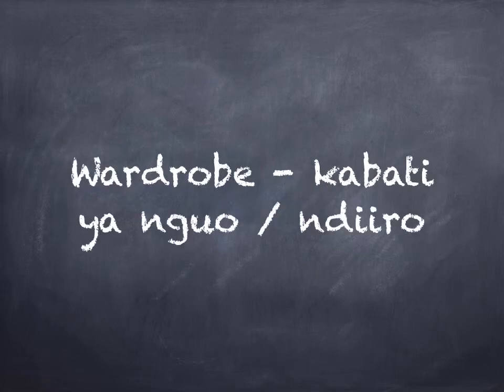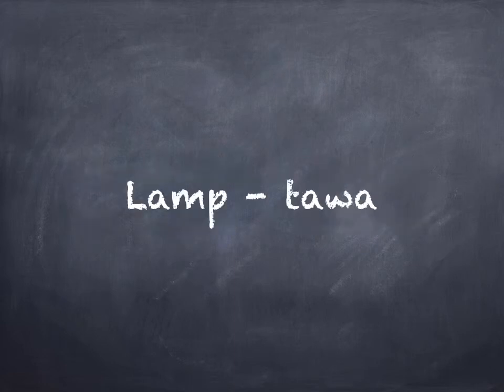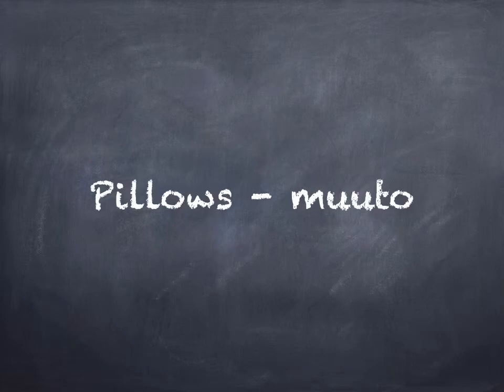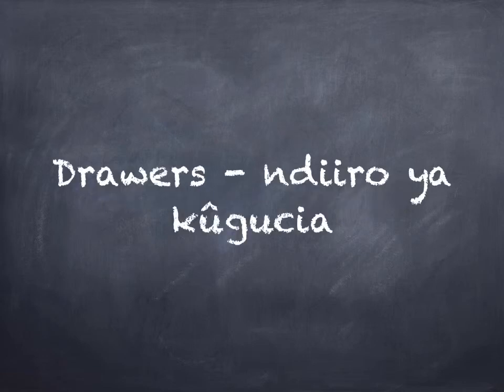Wardrobe, which is known as kafati ya nguo. Lamp known as tawa. Pillows known as muuto. Drawers known as ndiroo ya kûgucia.